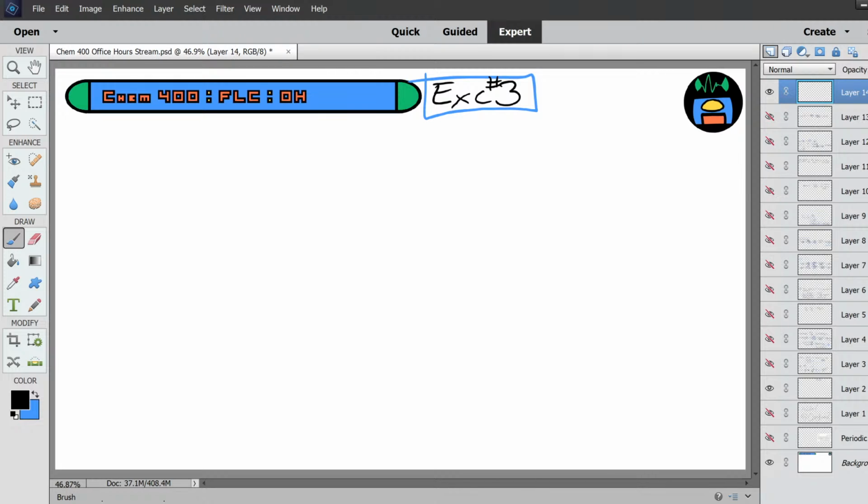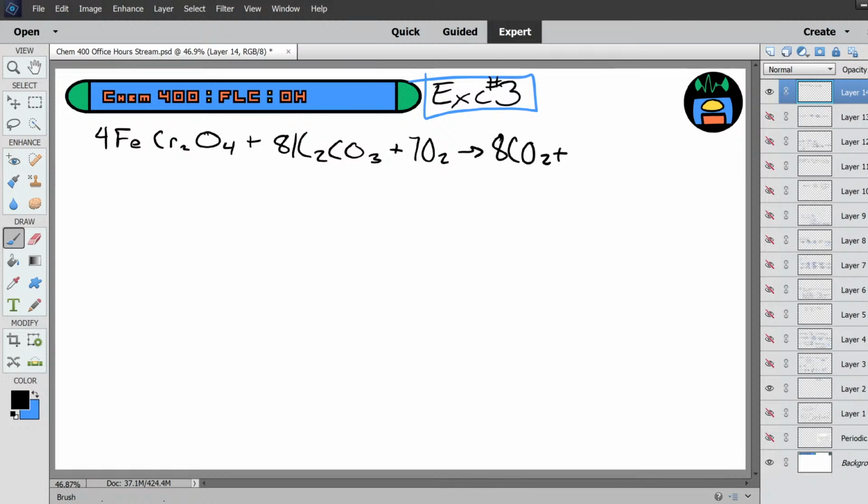We're given a balanced chemical equation, which I'm going to throw up here. Oh, this is quite a chemical reaction.